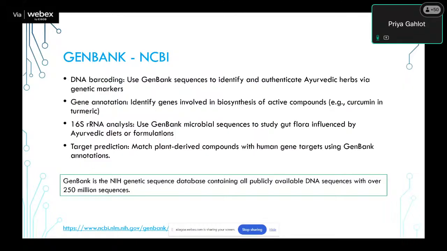So there is certain biological data available of the nucleotide and gene data, and all these databases are also linked to each other.